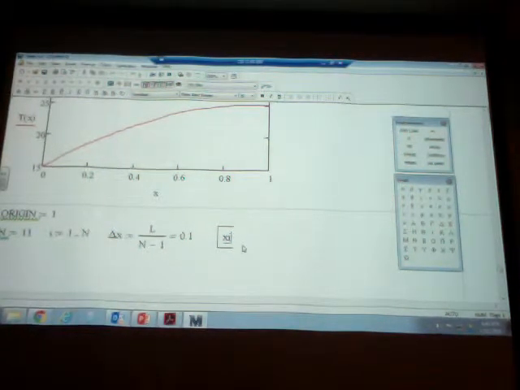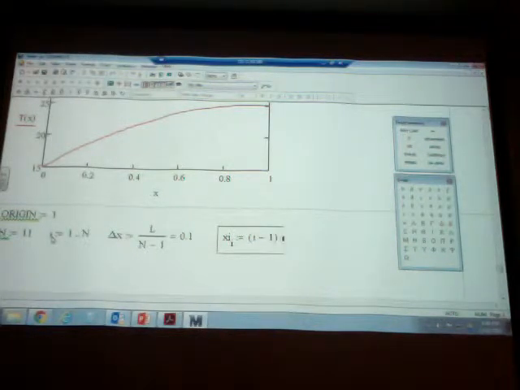And for xi, I want to use the left bracket to indicate index. Left bracket indicates index. I, the index variable that I selected, is equal to I minus 1 times delta x.